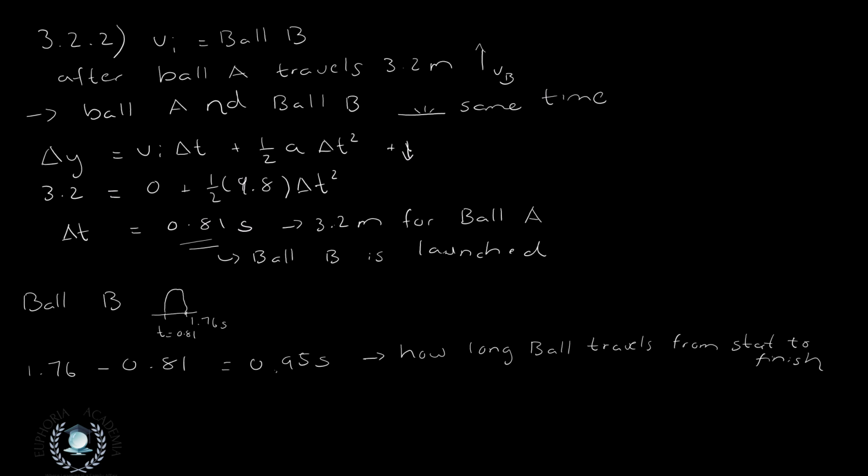Now, because of ball B's motion like this, we have something called time symmetry. So it's going to take ball B the same time to go up as to come down. So what we have to do is divide this 0.95 by 2 to get 0.475 seconds.